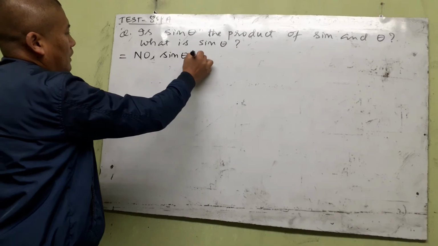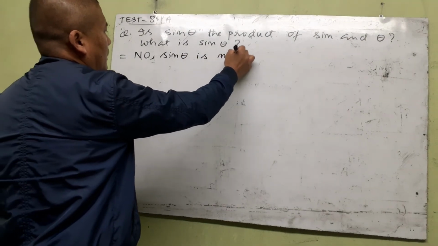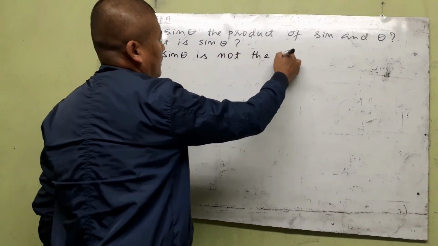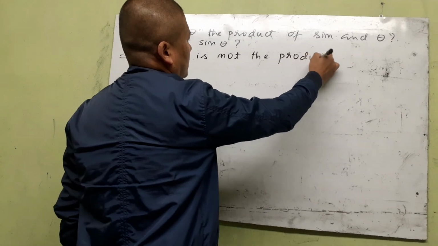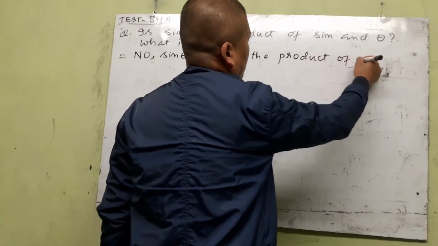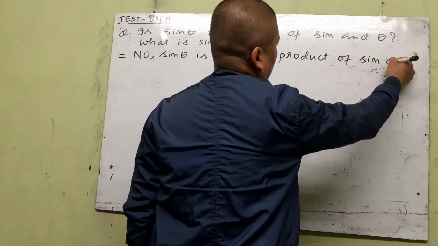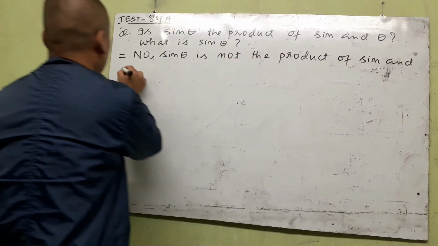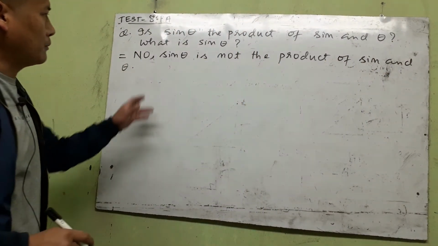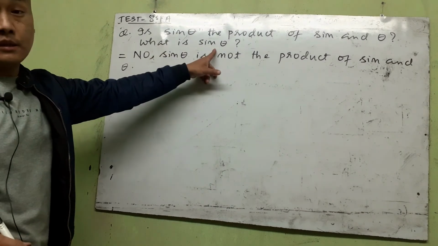Sine theta is not the product of sine and theta. Then if it's not a product of sine and theta, what is sine theta?